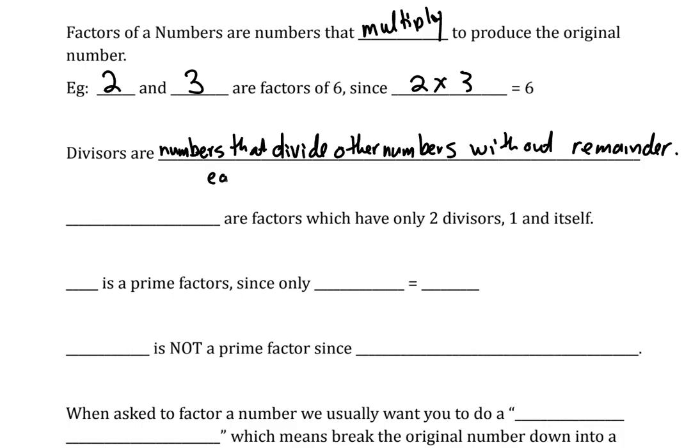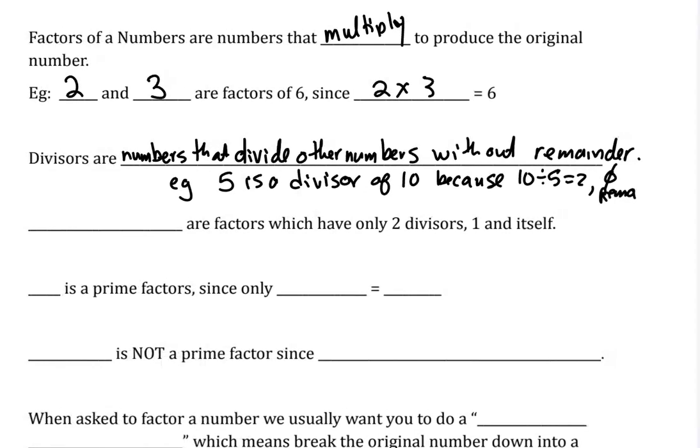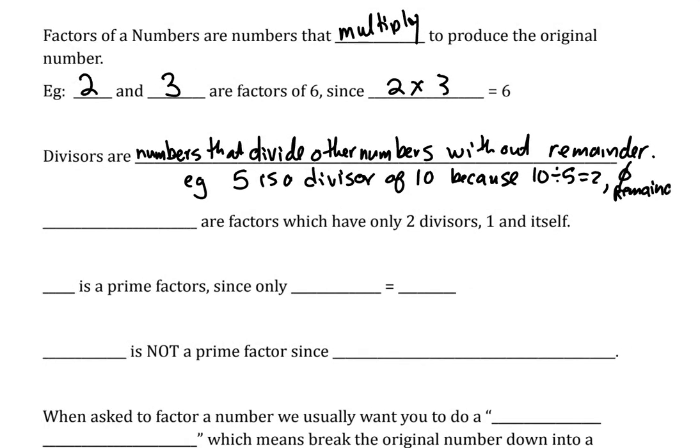So for example, 5 is a divisor of 10 because 10 divided by 5 is 2 with no remainder. So it's kind of the flip side, the dividing side of factors.